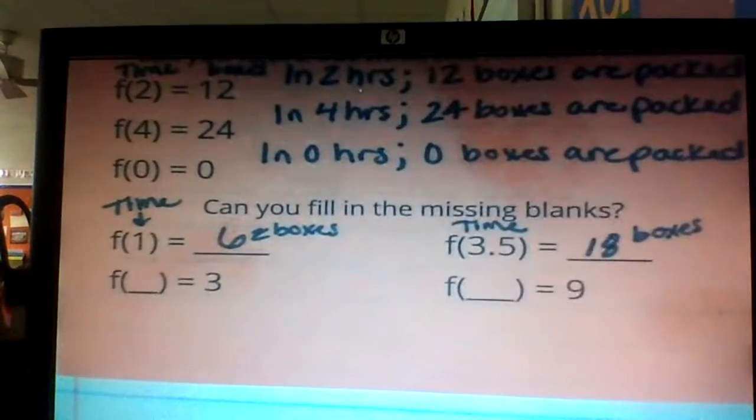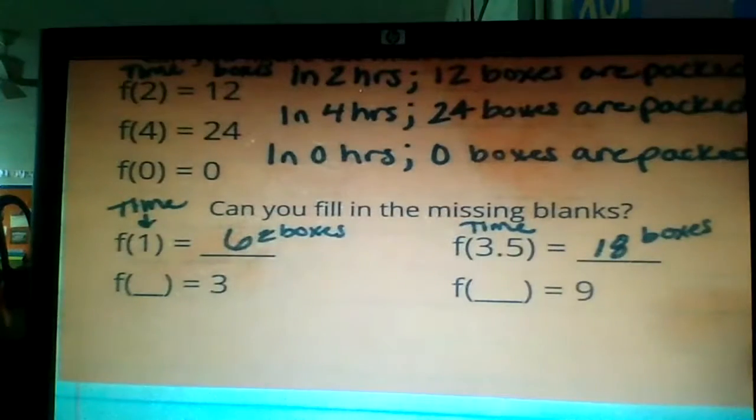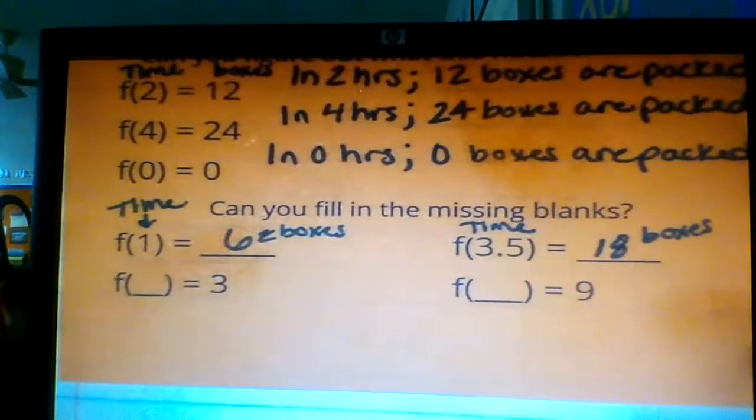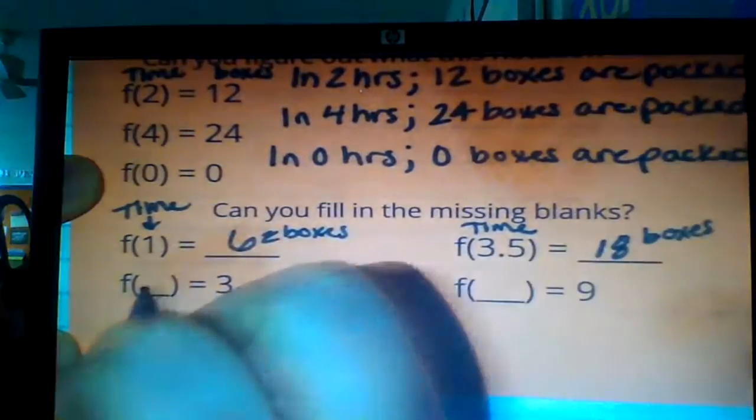Okay. Be careful with the last two. Instead of giving you time now, they tell me you have this many boxes packed. How many hours have gone by? Half an hour. 0.5. This first one should be 0.5 or 1/2.